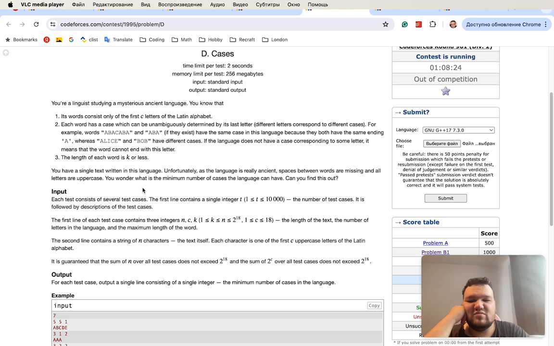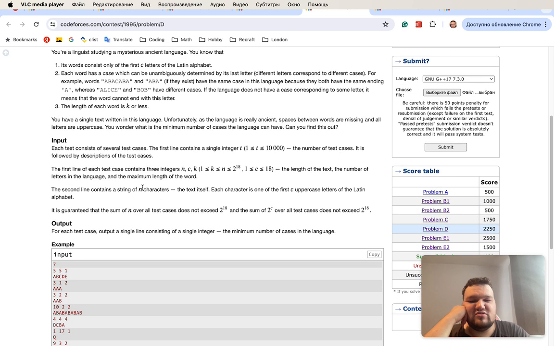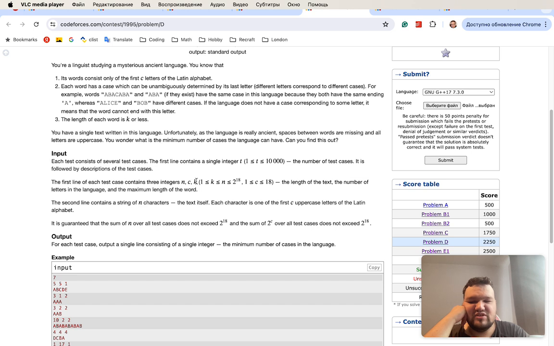What are they talking about? We're given a string, we need to split it into some strings of length at most k and minimize the number of different letters that can be last. Is that it?